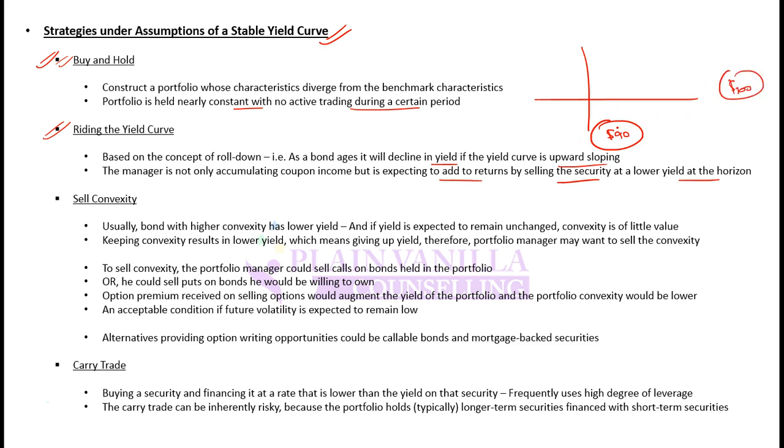As it reaches maturity, it will reach the par value, and as its price continues to increase, it means a decrease in yield to maturity. So towards the end, your yield will continue to decline. So the manager is not only accumulating coupon income but is expecting to add returns by selling the security at a lower yield at the horizon.